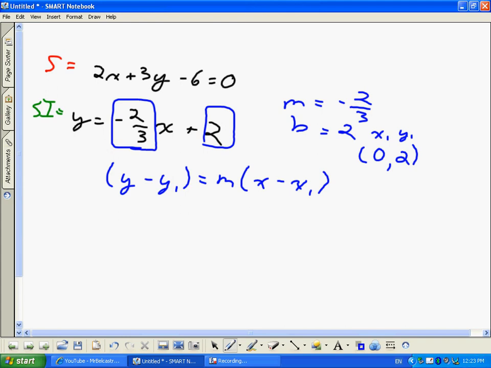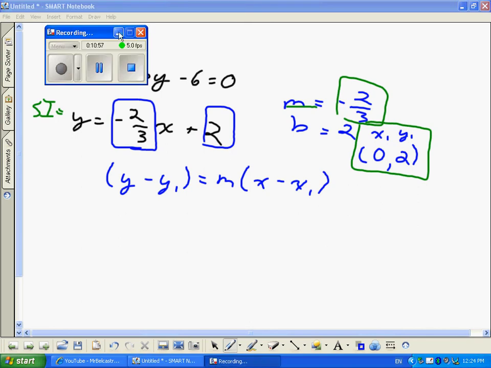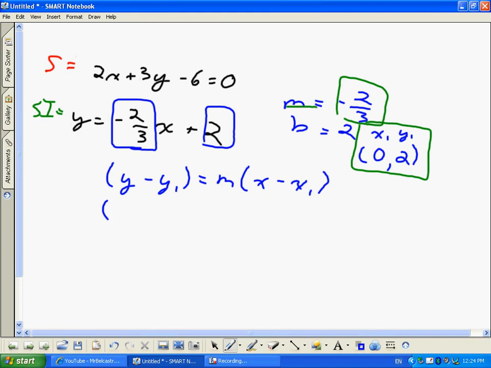Okay? So we can put this into our point slope form right now. I have enough information. I have an m, which is this value here. And I have an x1 and y1, which is that value there. So we can plug those into our equation. So we're going to plug these in now. We have our y, subtract our y1 is 2. Our slope, negative 2 over 3.